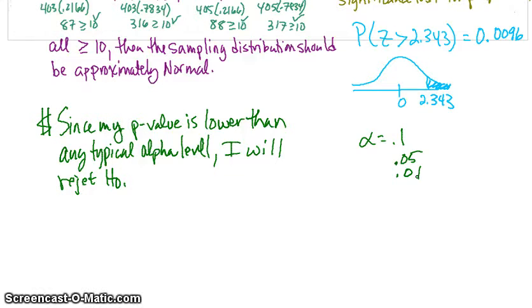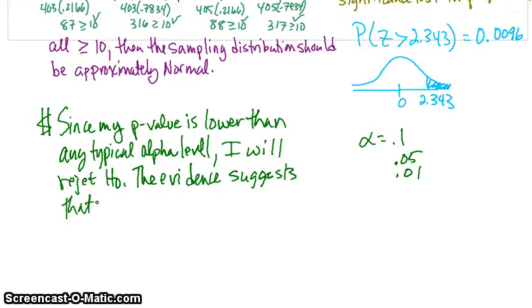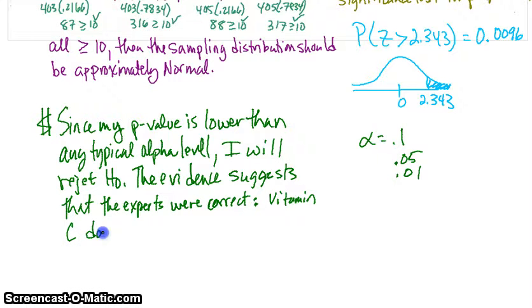But what does this mean in context? The evidence suggests that the experts were correct. Vitamin C does help prevent flu occurrences.